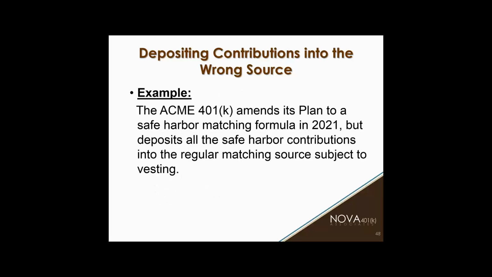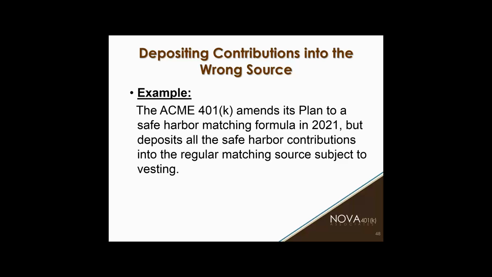So for example, we have a company that amends a plan into a safe harbor match, but it was making a regular, discretionary match before. But somebody keeps depositing the safe harbor contributions into the old discretionary matching source, all right?